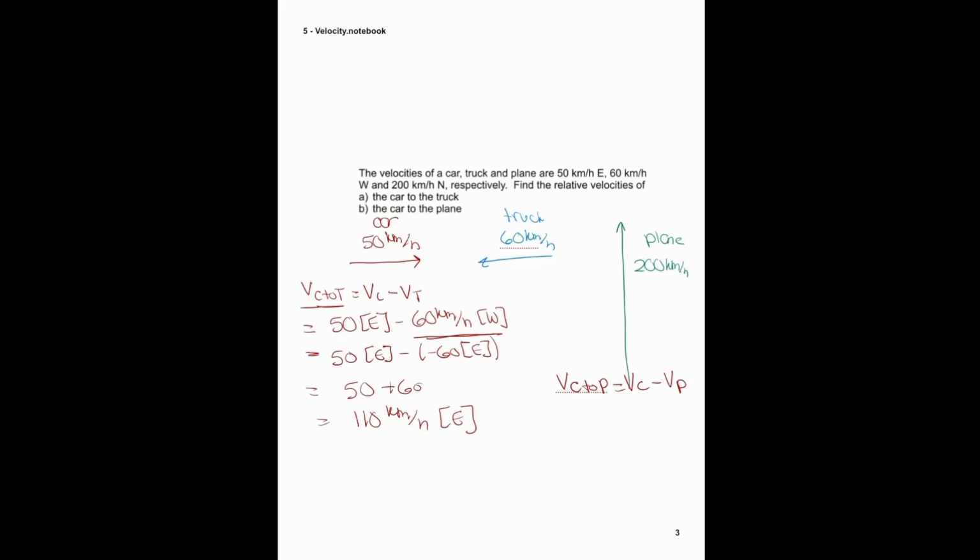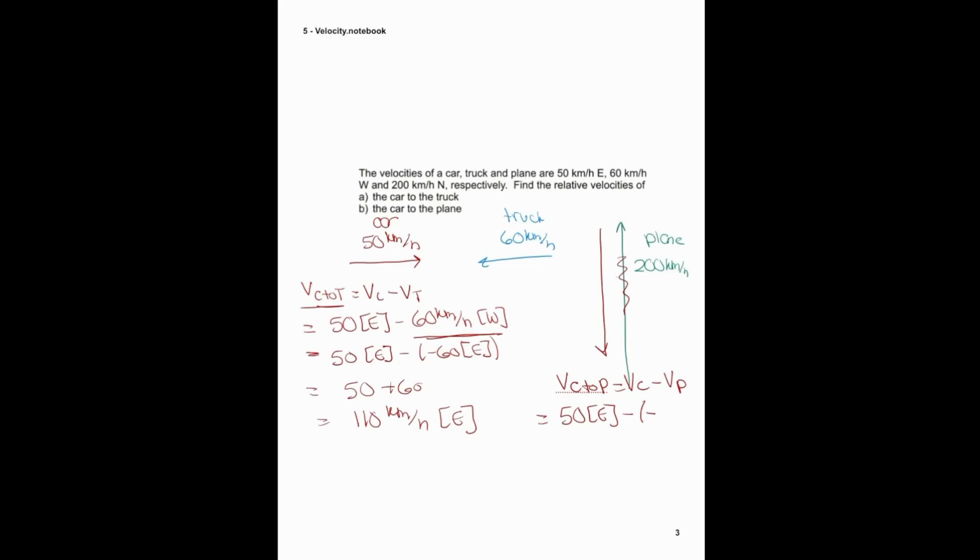So we're going to go ahead and do our math here anyway, and we're going to say that we have 50 kilometers an hour east, that's the car, minus my 200 kilometers an hour north. Remember, to add them, I need to add them tip to tail, which means I need to reverse this vector. So I need to reverse this one to make it go in the other direction, and that makes it a negative.